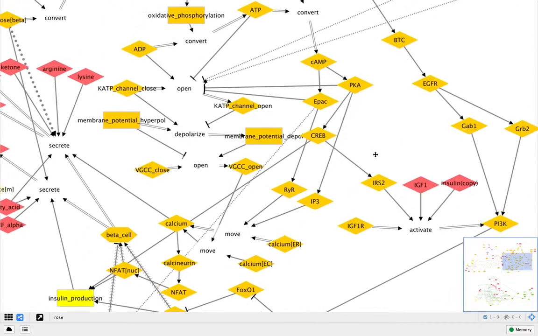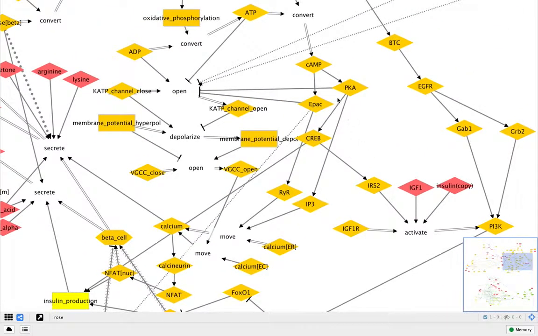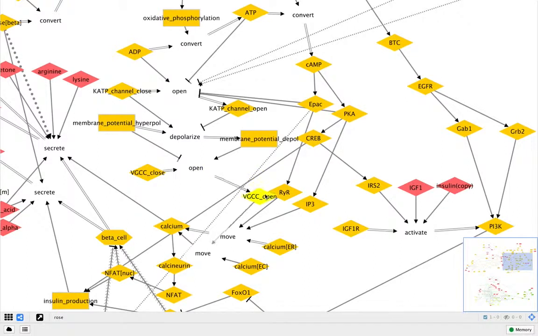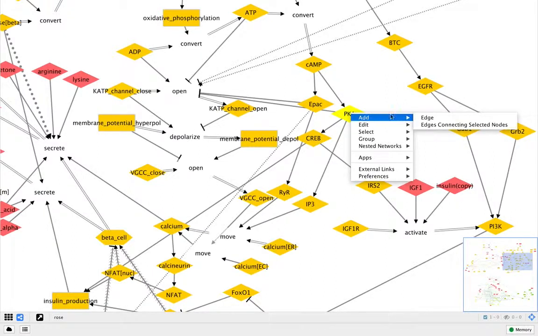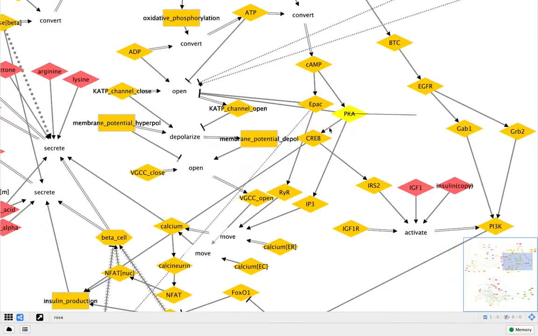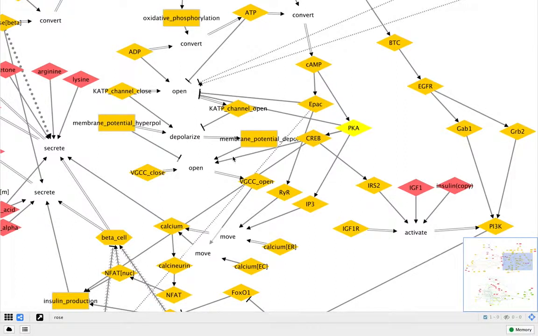I know one more mechanism: PKA directly phosphorylates the voltage-gated calcium channel. Let me see this link more clearly.